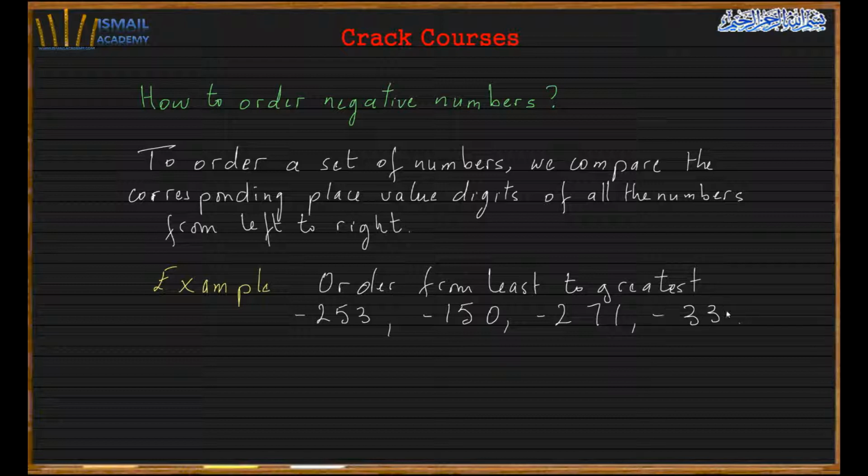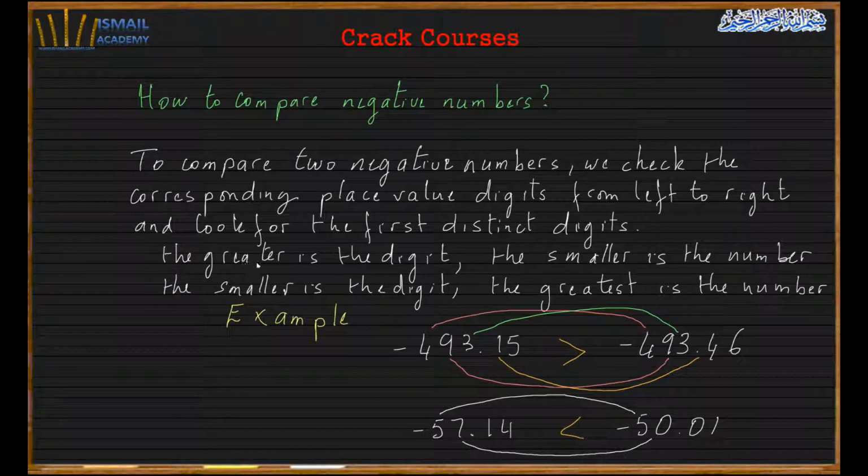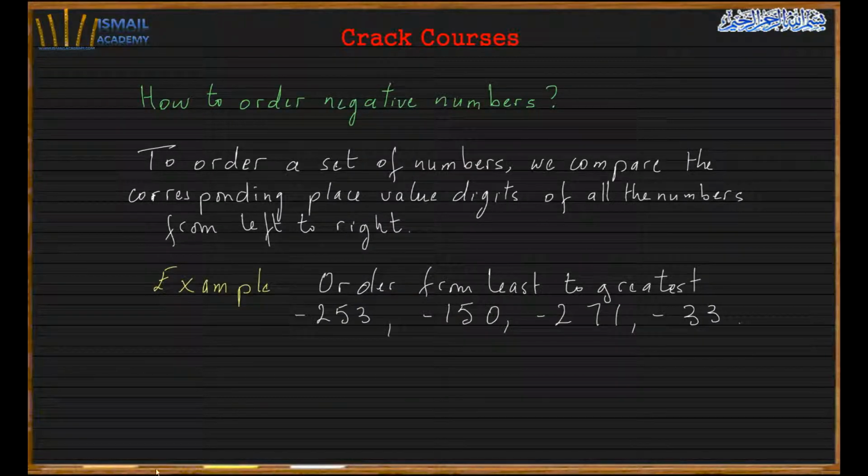So I want to order this set from least to greatest. Like I said, we're going to compare the corresponding place value. Remember, in the comparison, the greater the digit, the smaller the number. To go from least to greatest, I need to look for the higher place value.